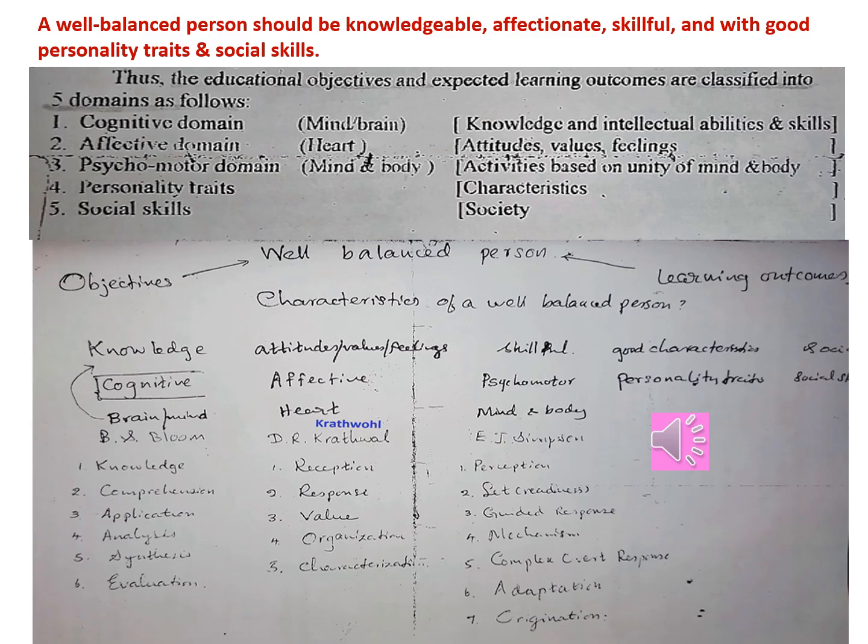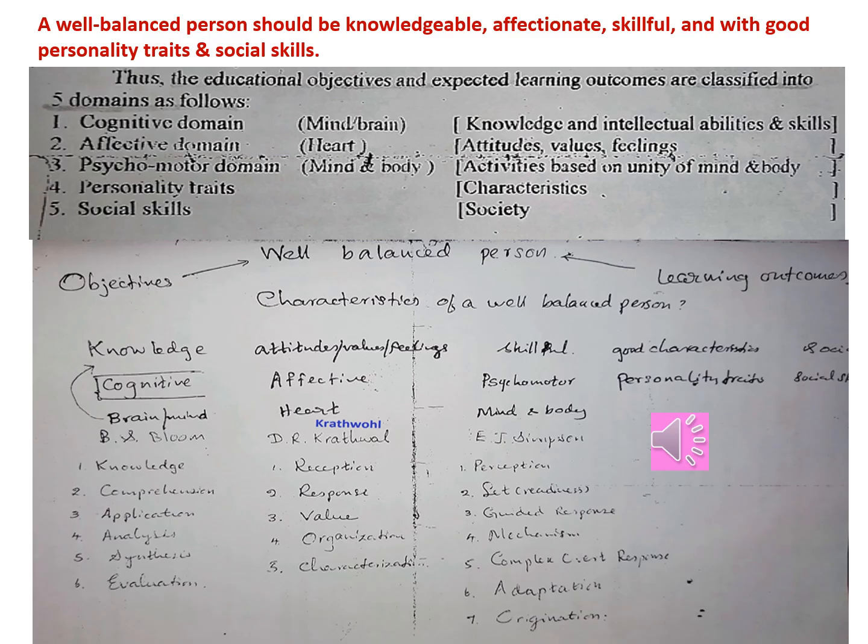We do things, performances. Fourth domain is personality traits. Personality traits means individual characteristics. Write it there. Characteristics. What characteristics? Individual characteristics. That's why personality traits.